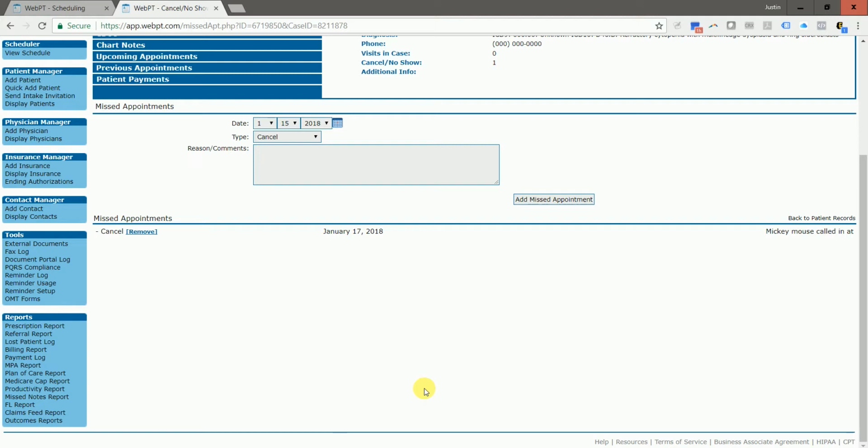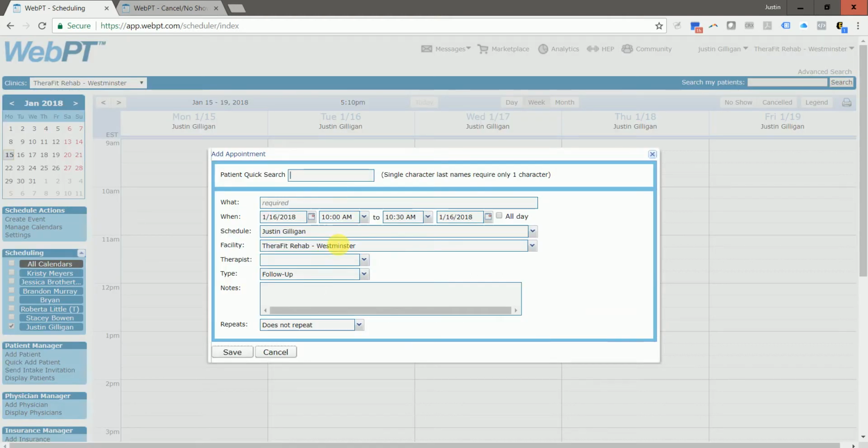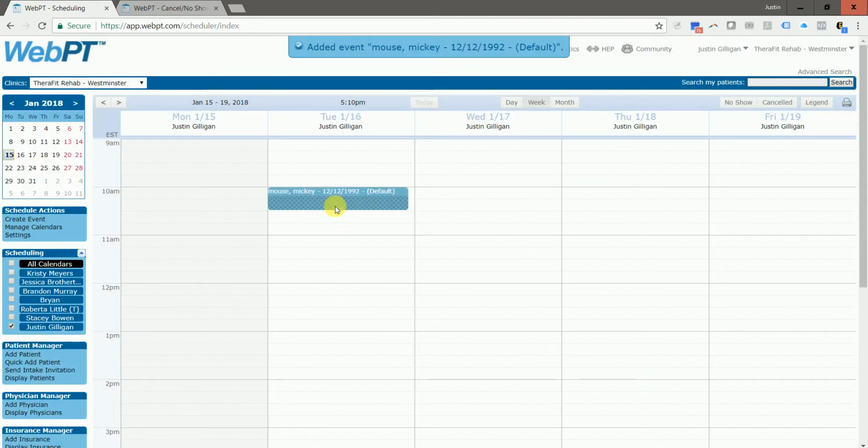As far as missed appointments, if a patient is canceling with less than 24 hours of notice, versus more than 24 hours notice. So let's say Mickey Mouse has an appointment for Tuesday at 10 o'clock.